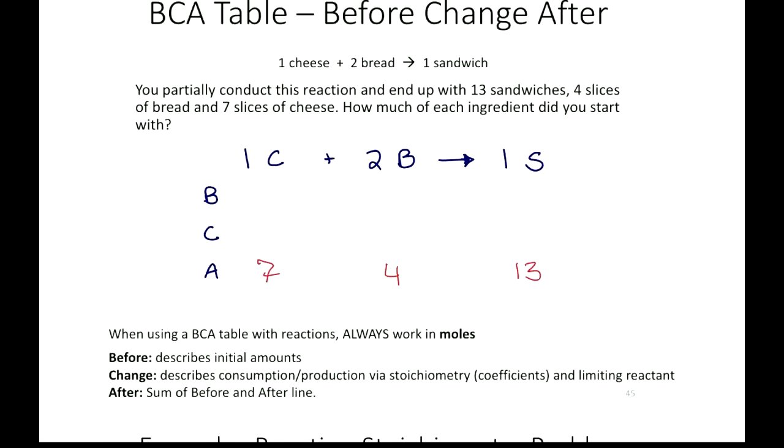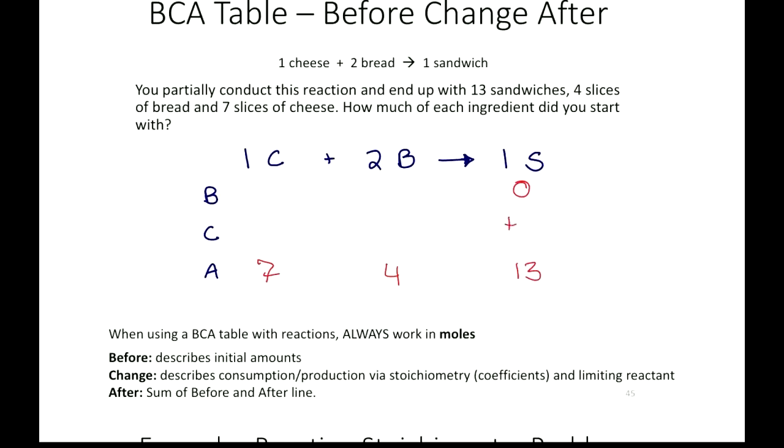Okay, so now it's asking how much of each ingredient did we start with. So there's a piece of information that is kind of implied here, and that's how many sandwiches we start with. Okay, assuming that we only start with ingredients, shouldn't we start with 0 sandwiches? So if I put that 0 there, we know now the change line of 1 substance, and that is sandwiches.